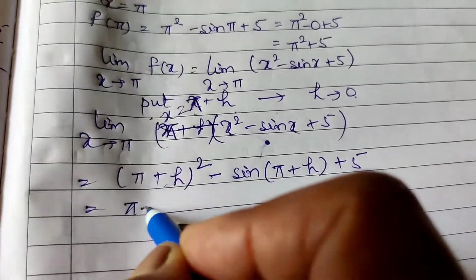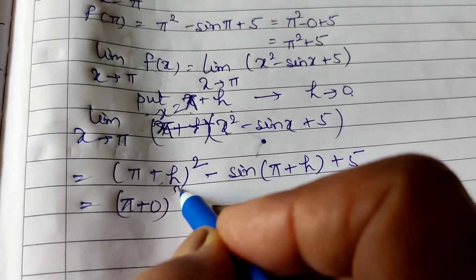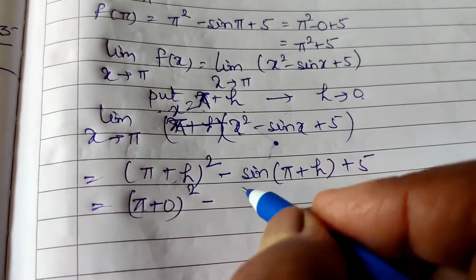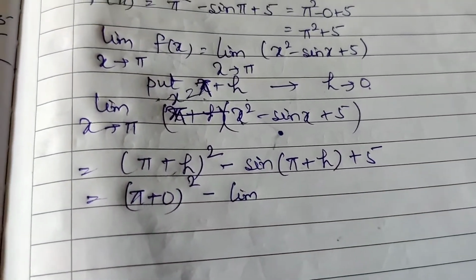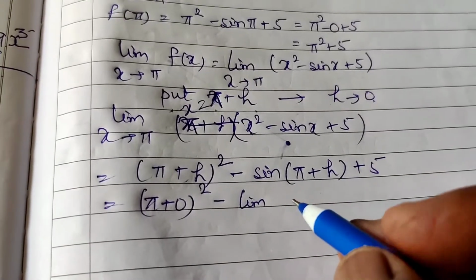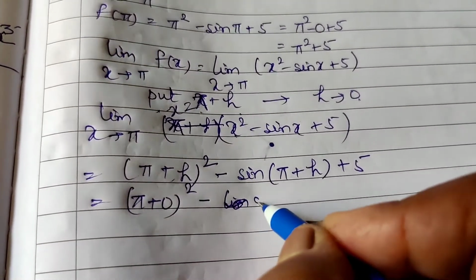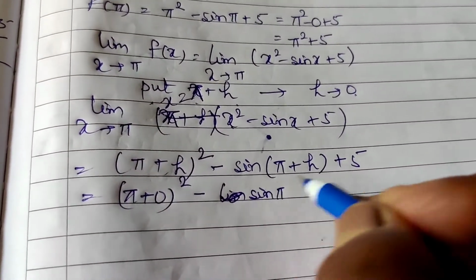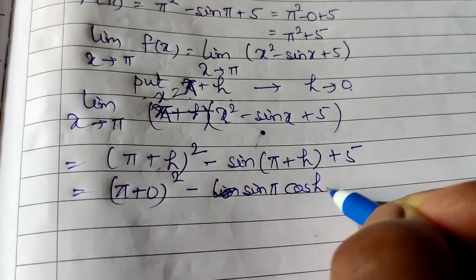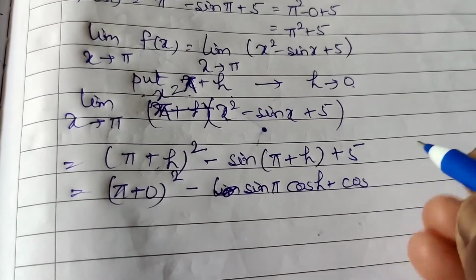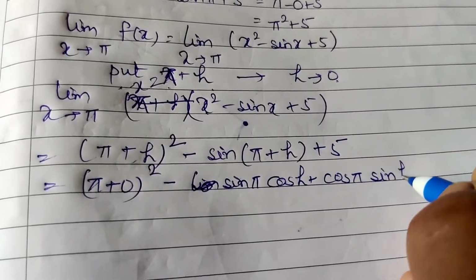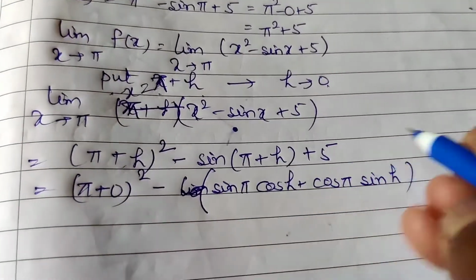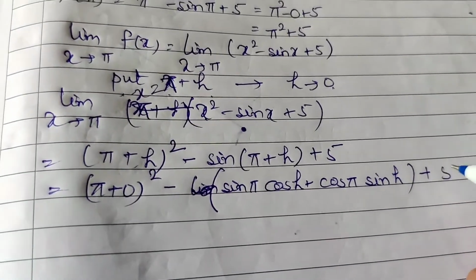It is equal to pi plus 0 whole square minus limit sin pi plus h. Expand the formula: sin(a+b) equals sin a cos b plus cos a sin b. This is also plus 5.